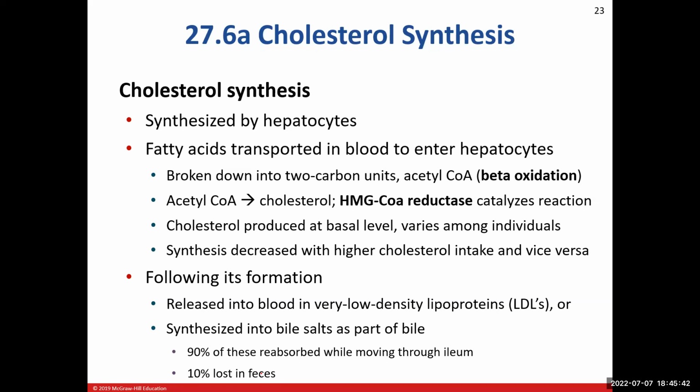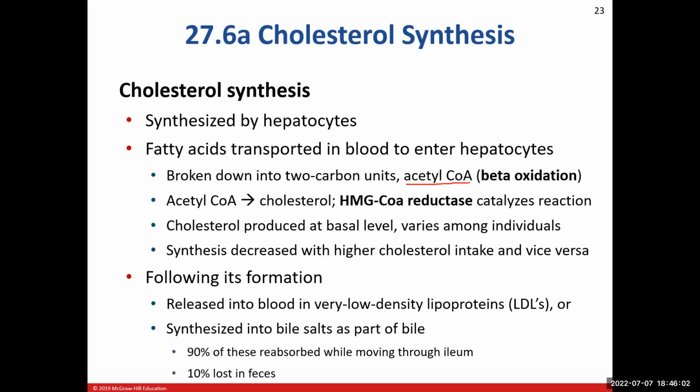And now we have our fatty acids floating around in our blood. What will happen is we are going to break down those fatty acids into a molecule we call acetyl-CoA, and it is a 2-carbon molecule.